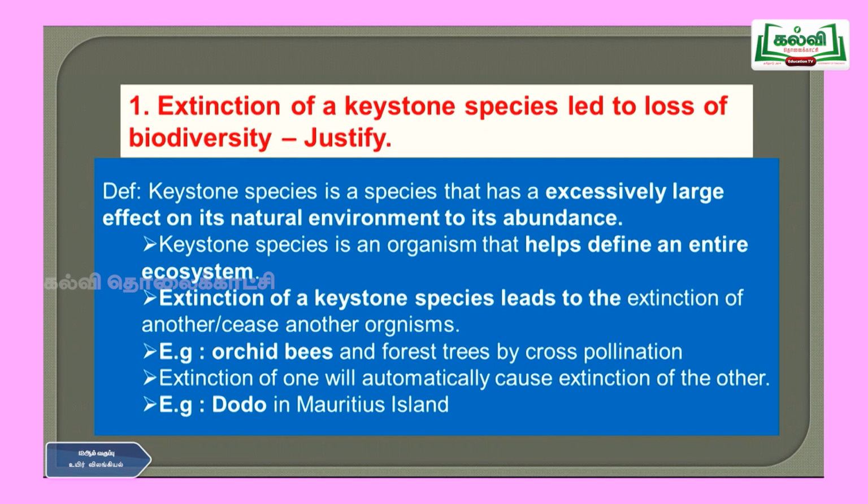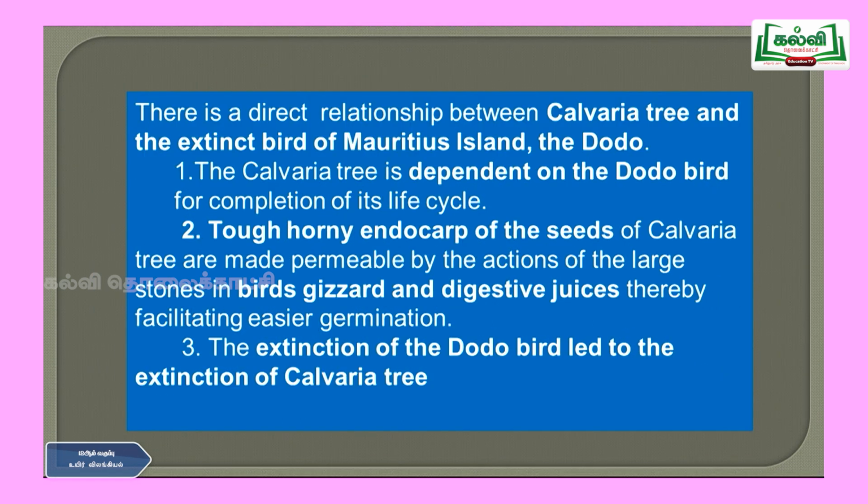So an example is orchid bees and forest trees by cross pollination, and extinction of one will automatically cause the extinction of the others. So another example is the dodo in Mauritius Island, and there is a direct relationship between the Calvaria tree and the extinct bird of Mauritius Island, the dodo.